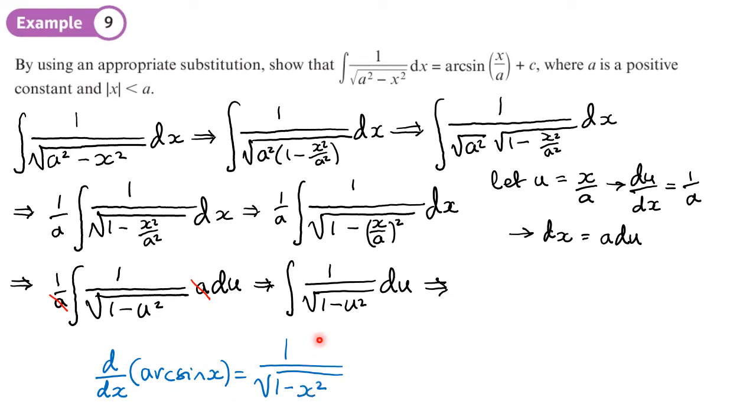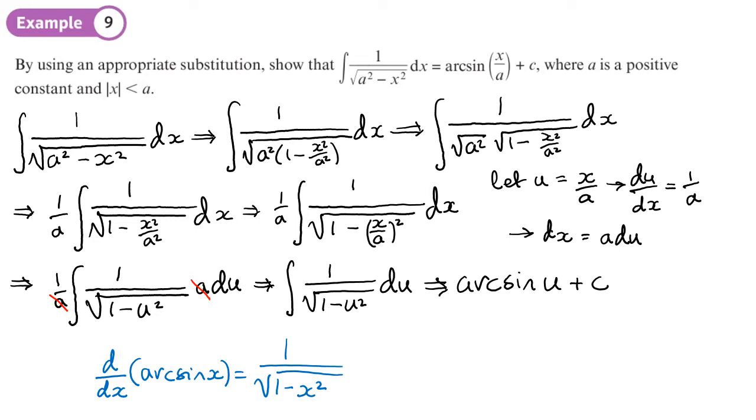So if I use that result backwards, I will get this integrated as arc sine u. If we match it up, where I've got x, I'll just replace it with u. So I now end up with arc sine u plus c.